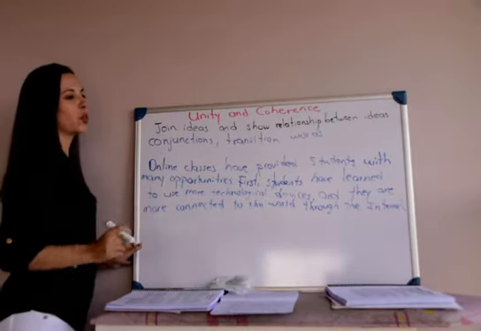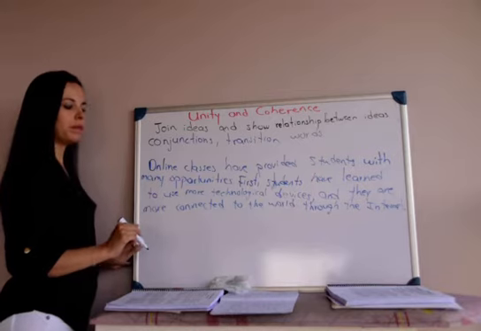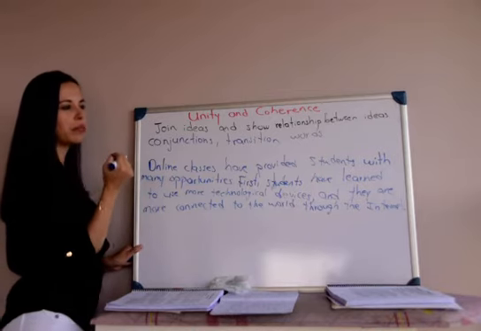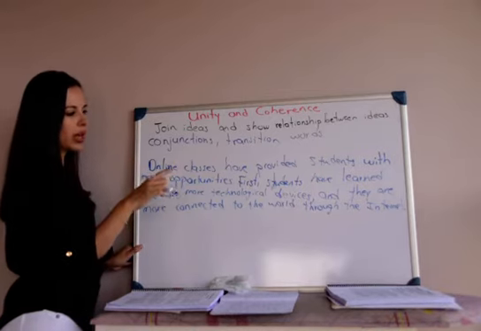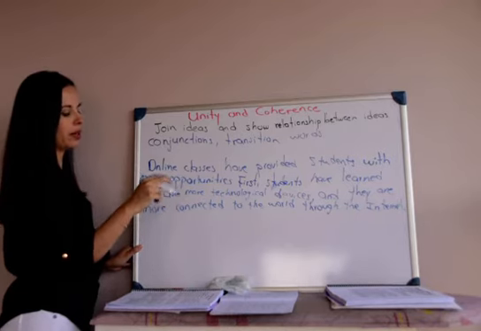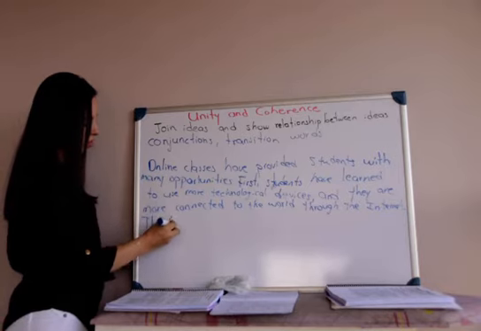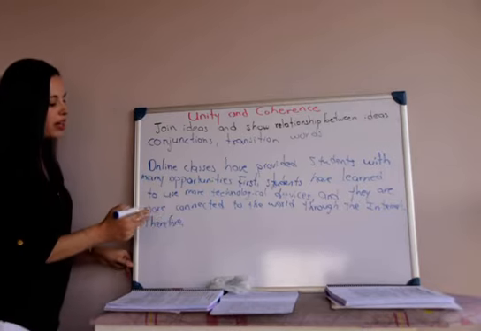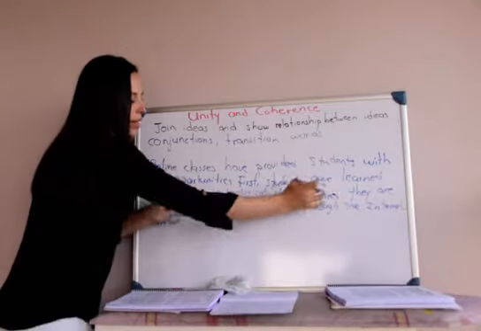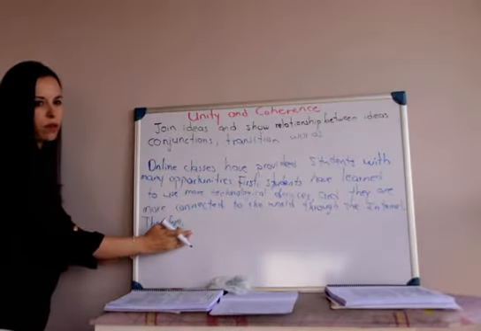Use a transition word. Therefore, maybe we can use the case of, and they are more connected to the world through the internet. Therefore, that is a transition word. So I'm making a relationship. Based on these sentences, based on this idea, this is the result.